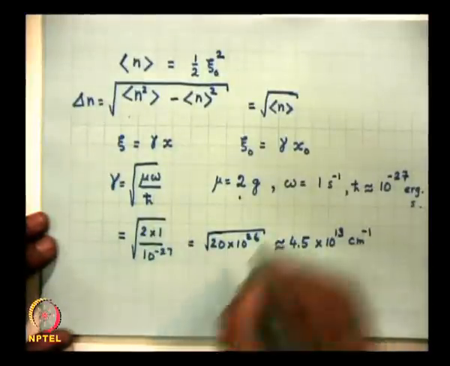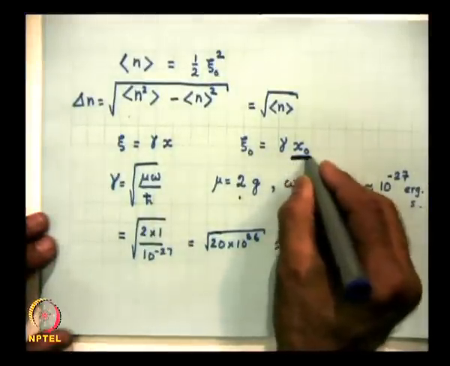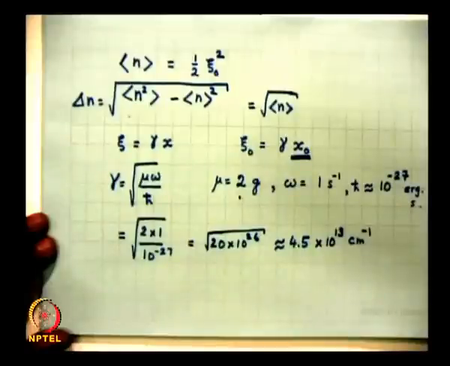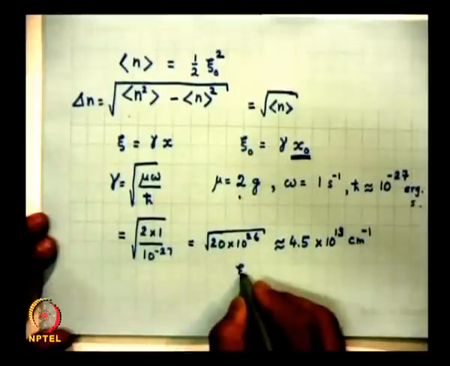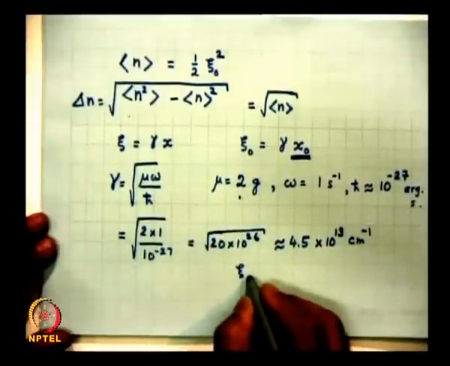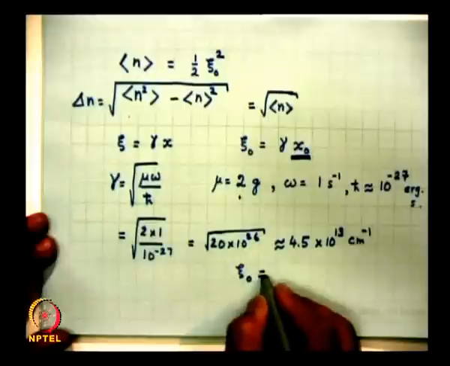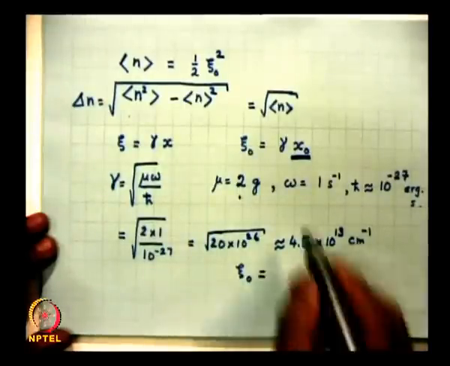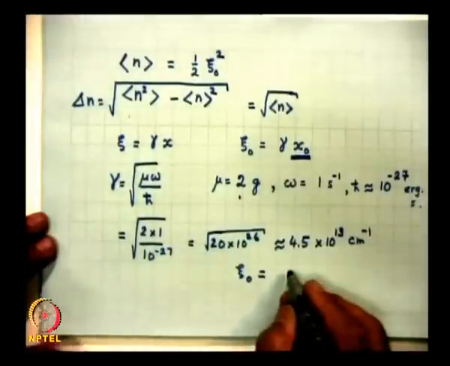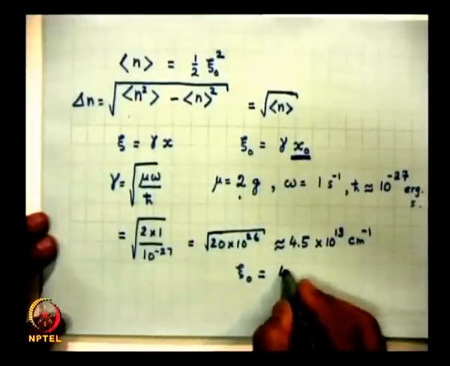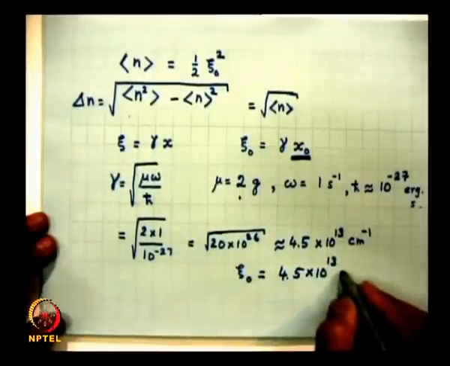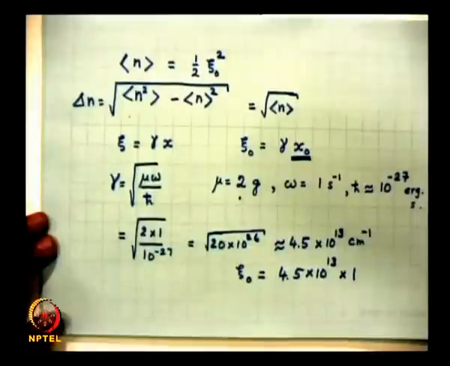So, if the amplitude of my displacement of the oscillator is say 1 centimeter, so xi naught is equal to gamma times x naught. So, gamma is 4.5 into 10 to the power of 13 into x naught, let us suppose it is 1 centimeter.